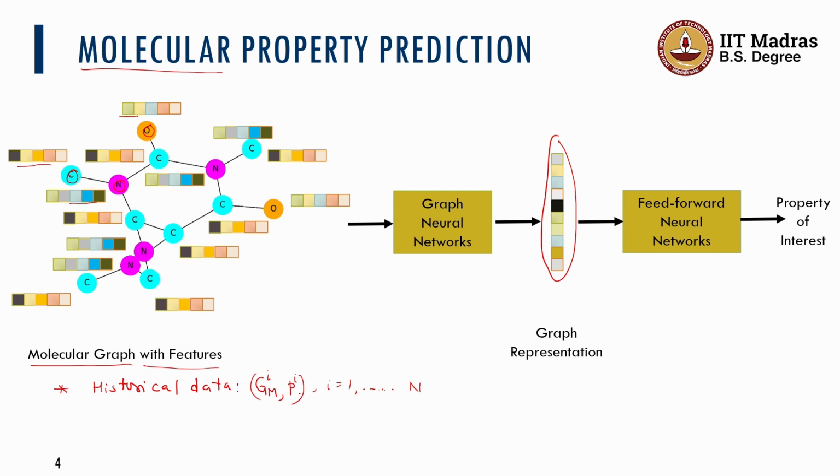Now, remember that for all the molecules, I do not have this property of interest Pi. And in fact, in practice, this N is quite a small number compared to the molecules available to us.